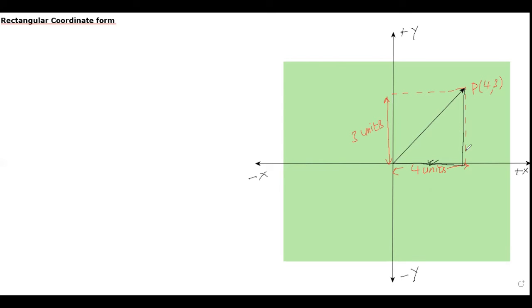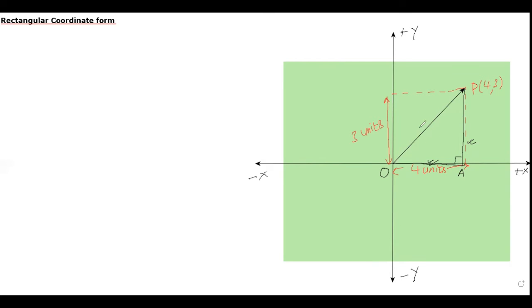And this x and this y are perpendicular to each other, so this is an angle of 90 degrees. And this arrow starts from the origin and ends at P. Let me call this point A, where I have dropped a perpendicular on the x-axis from point P. So from here you can see O, A, and P is a right angle triangle, AP is the perpendicular, and OA is the base of this right angle triangle.